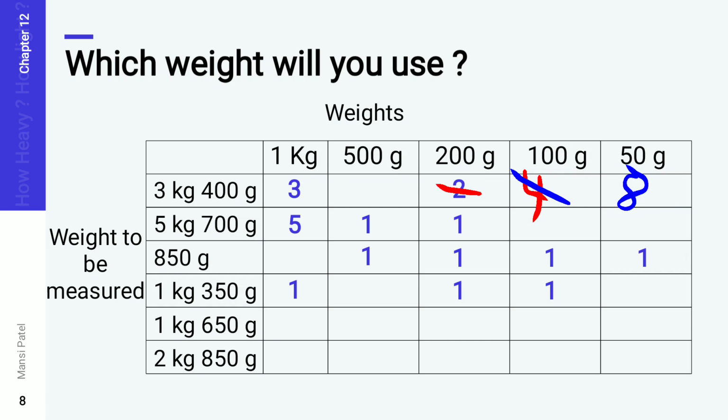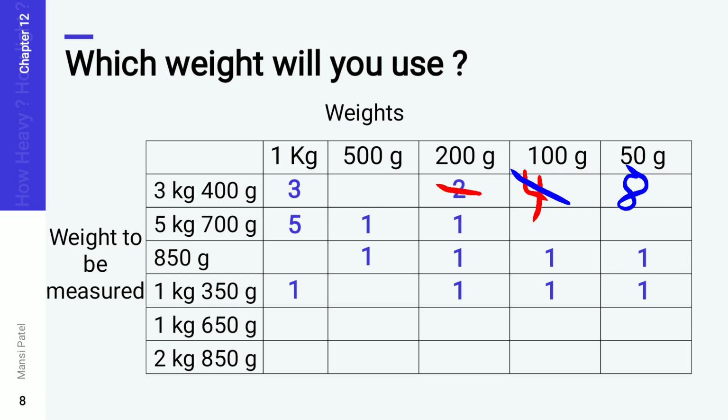Now what about the 50? You use 1 unit of 50. So 1 unit of 1 kilogram makes 1 kg. Then to make the 350 gram, you use 1 unit of 200, 1 unit of 100, and in the last 1 unit of 50 gram. In this way you make 350 gram.